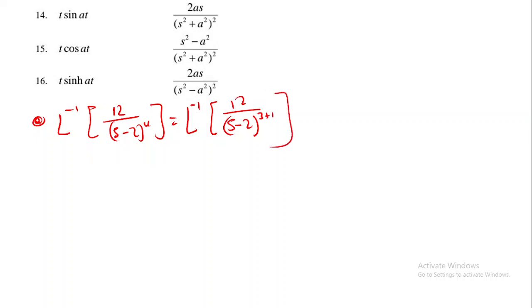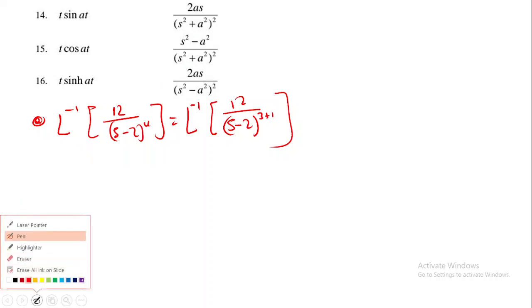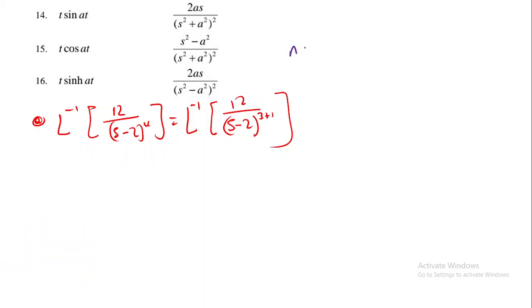So from here we can see that the value of n is equal to 3, right? And then it means n factorial will be 6.